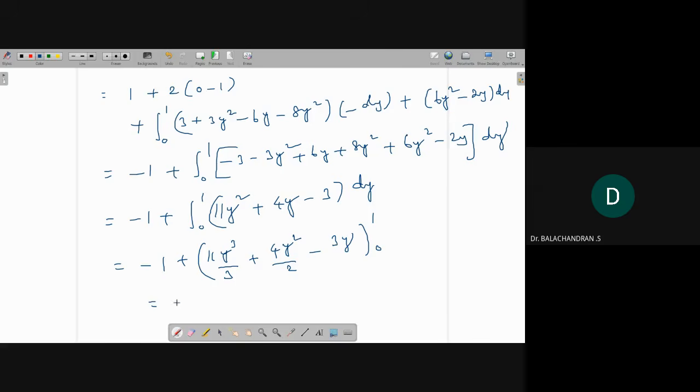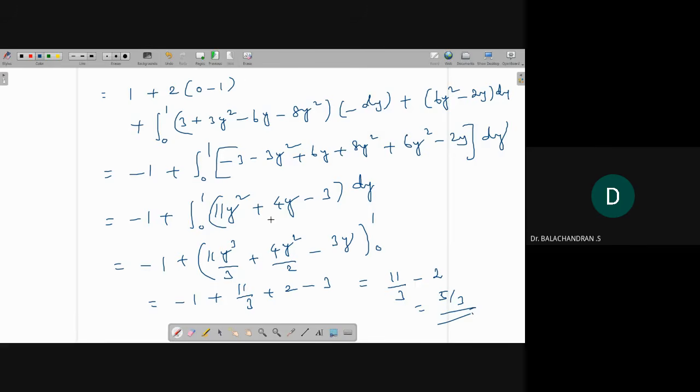So it is equal to minus 1 plus, upper limit is 11 by 3 plus 4 by 2, which is 2, minus 3. Lower limit is 0. So 11 by 3 minus 2, which is equal to 11 minus 6, that is 5 by 3.